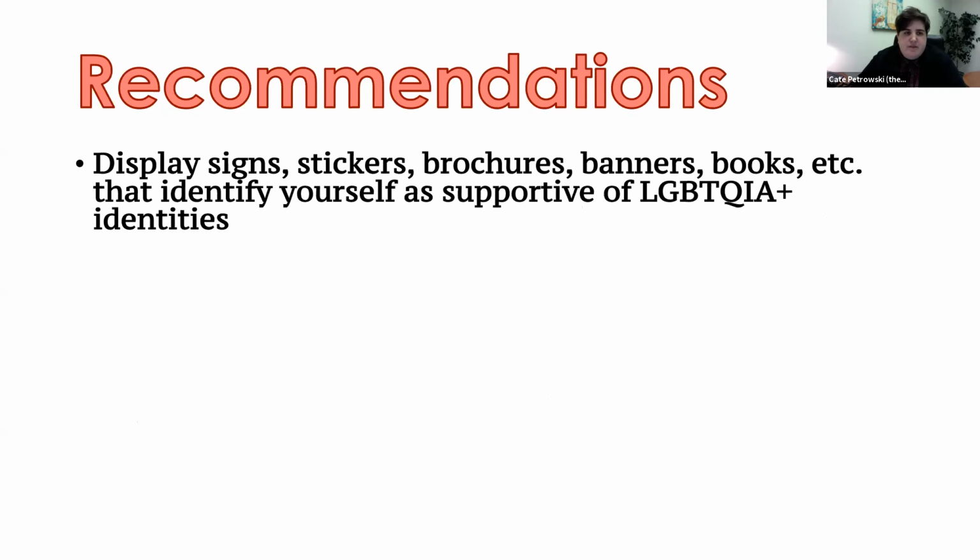So, things that you can do. If you have an office, you can put a sticker in the window outside of your agency, just ways of displaying that you are supportive of the LGBTQ community.